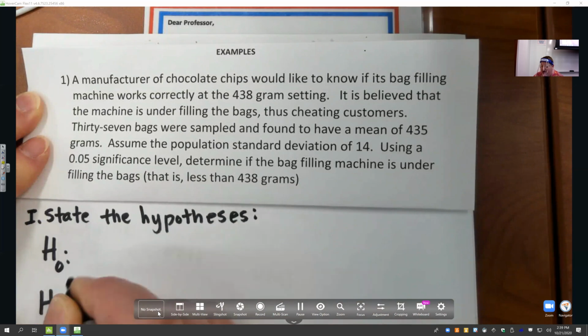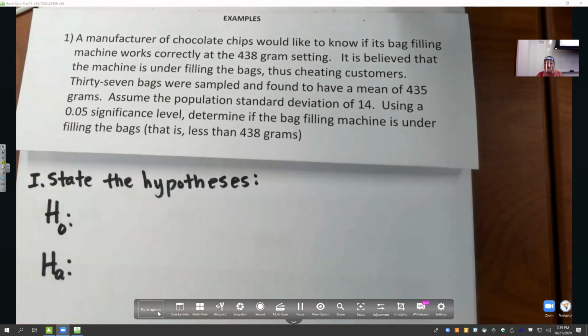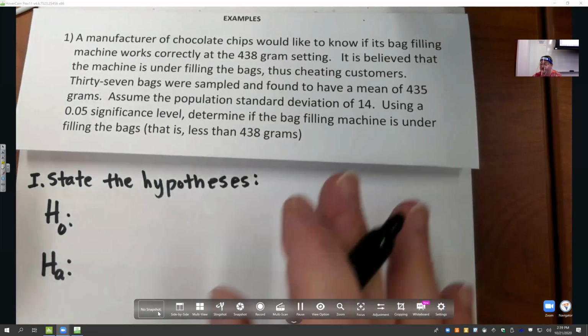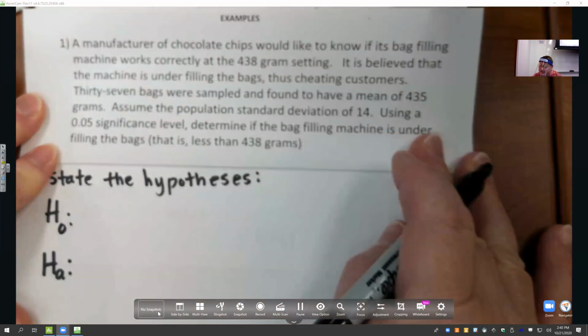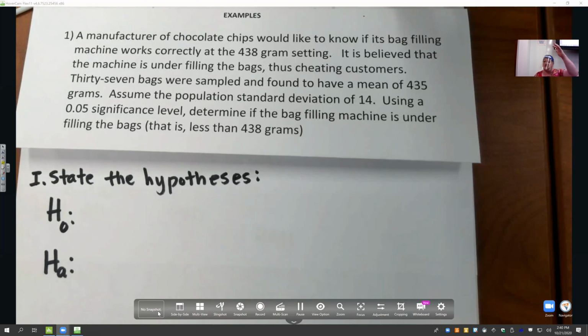So I would suggest that you work through the problem, walk through these steps like I'm about to do, and then go back to the questions on the homework and answer them. The first step is to state the hypotheses. Normally, if you're seeing it as a write-up, you have H sub O on the top and H sub A on the bottom.